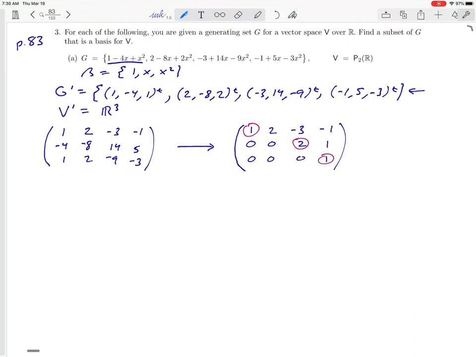What we talked about before in section 1.6 says that all we really need are those 3 columns: the first one, the third one, and the fourth one. So our basis for R3 coming from the set G prime would just look like that first, third, and fourth column. Let's write that out together.